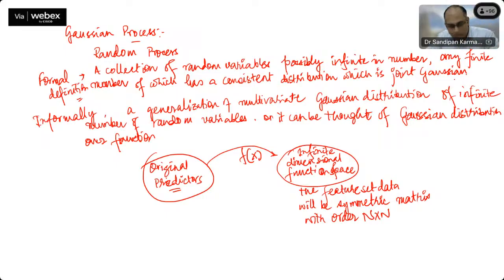So from the original predictors, I push them through one function and create an infinite dimensional function space. This has two advantages.